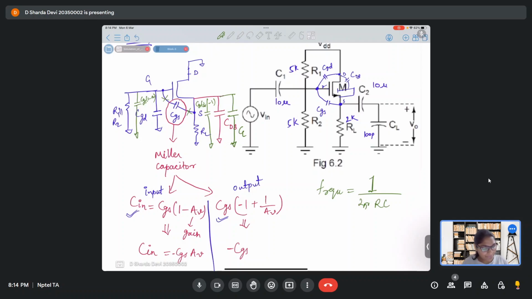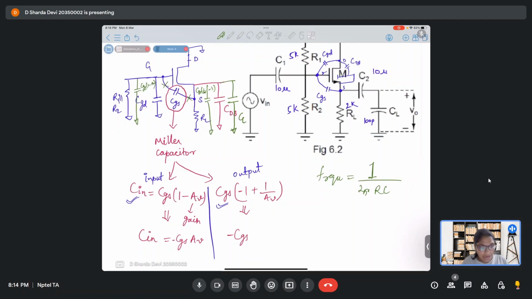Okay. So now we have two different circuits. We'll simply write 1 by 2 pi RC for input and output, and whatever is the minimum frequency, we'll report it as our cut-off frequency. That's all the work. Clear? So let's quickly write the frequency for input. Input: 1 upon 2 pi. What is R? R is R1 parallel R2 for input.